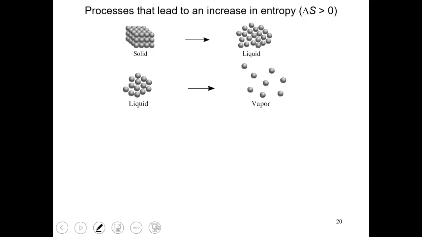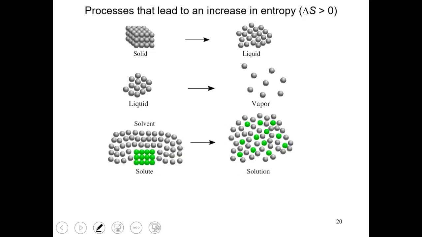Another process that would lead to an increase in entropy would be the dissolving of a solute in a solvent. I'm going to use the example here of a crystal solute in a liquid solvent. Notice that when we start on the left, the solute is a crystal. It has a very limited number of ways in which to distribute its particles.